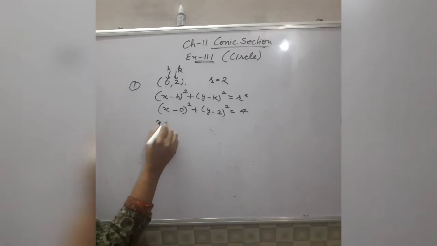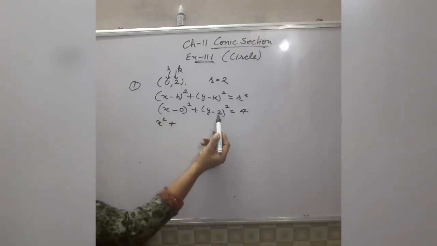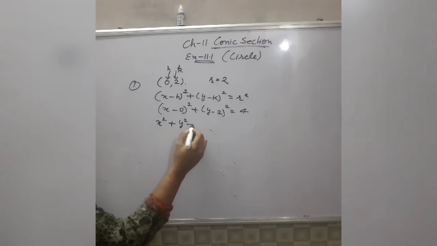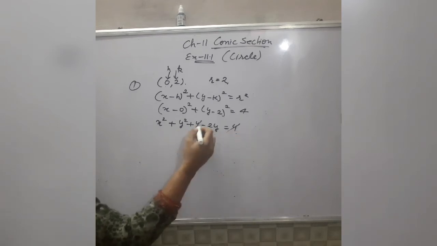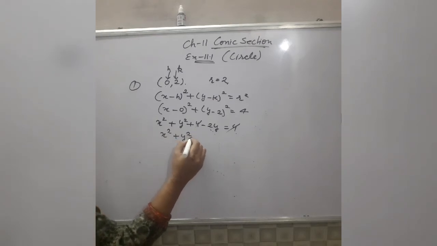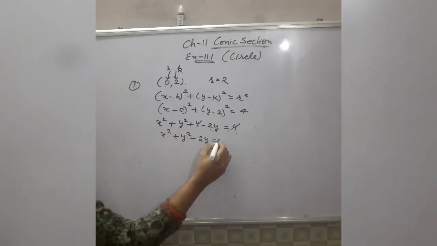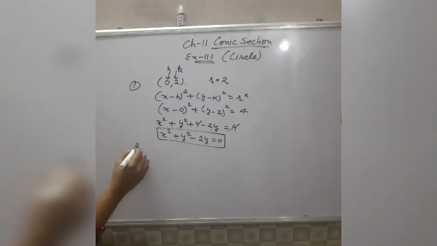Or it can be written as x minus 0, meaning x square. Here you will use the identity a minus b whole square, you will get a square plus b square minus 2ab is equal to 4. 4 is cancelled with 4. You will get x square plus y square minus 2y is equal to 0. So this is the required equation of the circle.